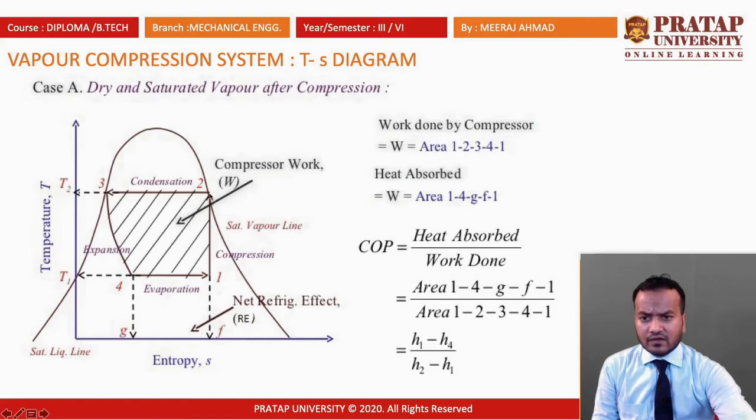After the compressor the refrigerant enters the condenser. In the condenser a constant pressure heat rejection process takes place. In this wet region it is a constant pressure and constant temperature line and should meet here, which is the saturated liquid line.